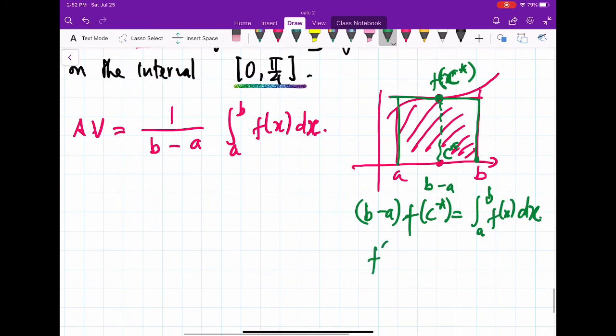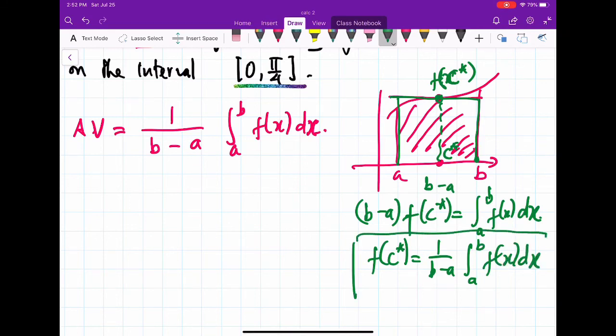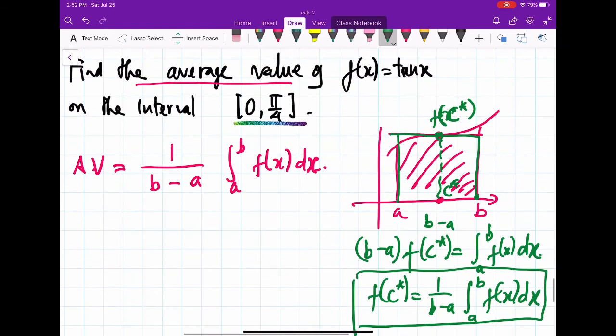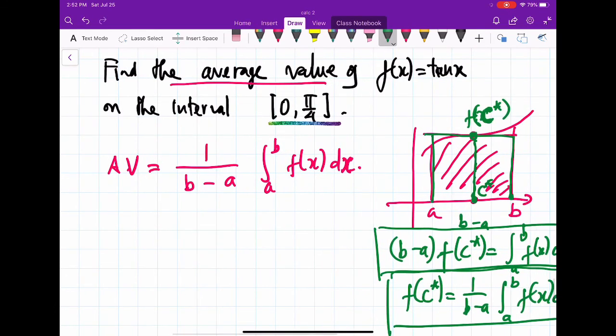From here I get f of c star equal to 1 over b minus a times the integral from a to b of f of x dx. That is called the average value of the function. Does that make sense? Basically, that is the function value at the point c such that you have this identity.